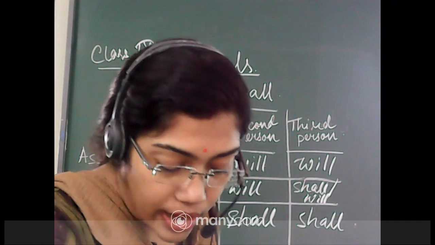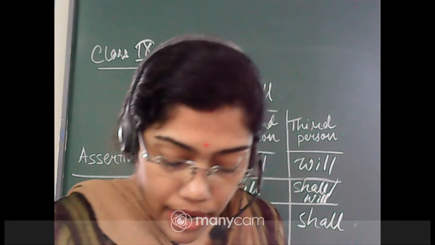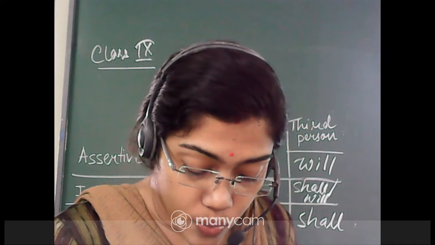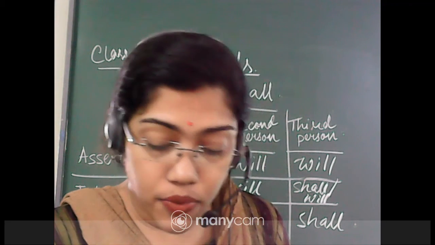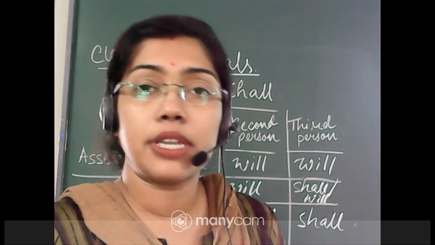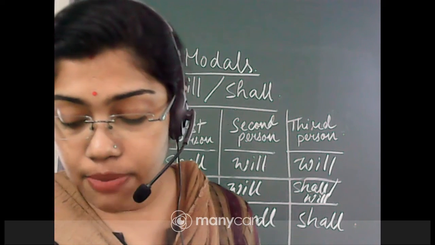Okay. Number 10, we dash donate blood in this camp. We will donate blood in this camp means this is our promise, our determination. We will do something for this camp. Number 11, dash I have his reply soon.